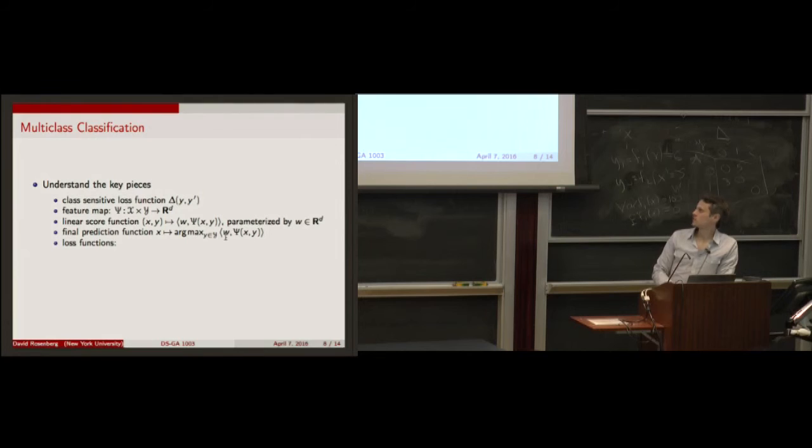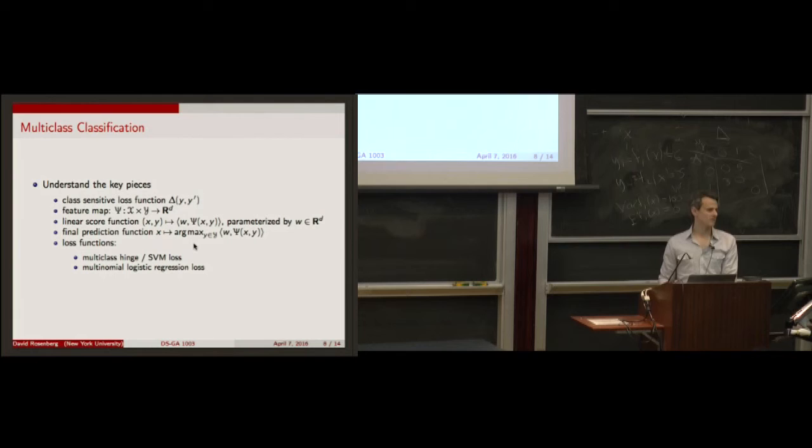Your final prediction function is you take the thing with the biggest score. We talked about two loss functions, actually. One is the multi-class hinge loss, and you have homework on it right now, so you should be getting familiar with that. Any questions on that? All right.